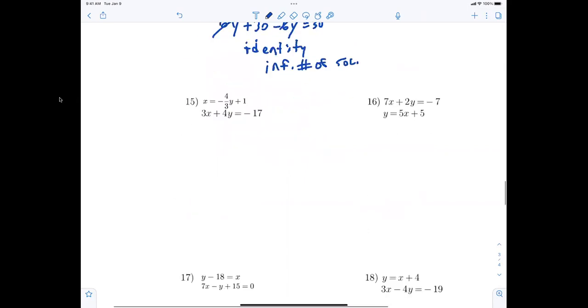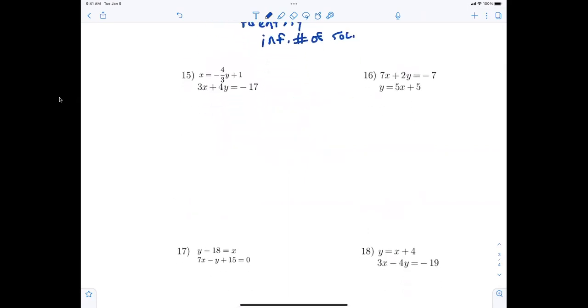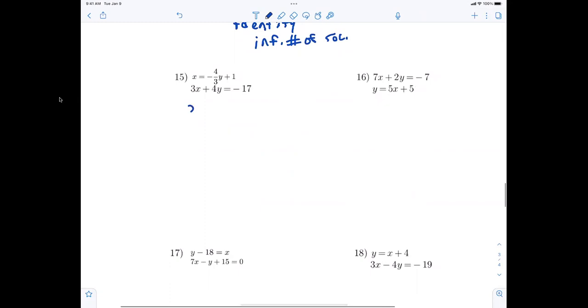Okay, so now this one's kind of annoying. So let's check out a fraction. Wherever I see an x, I'm going to put what? y minus 4 plus 1 over 3.